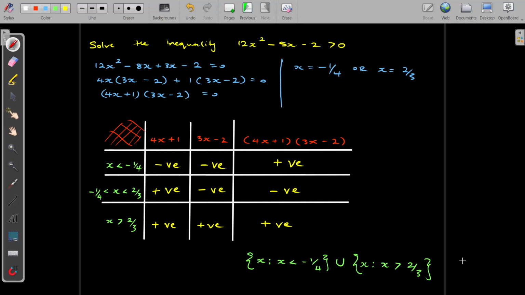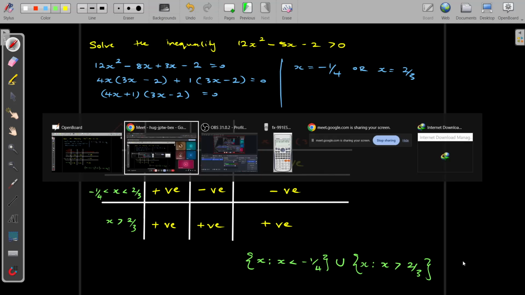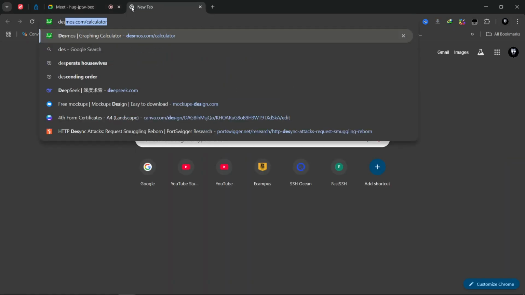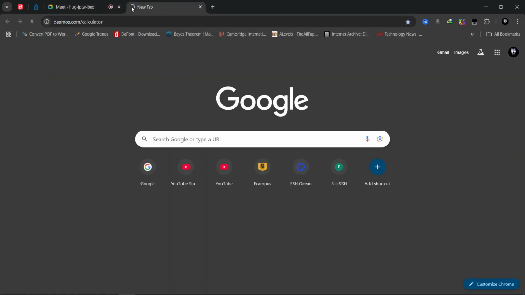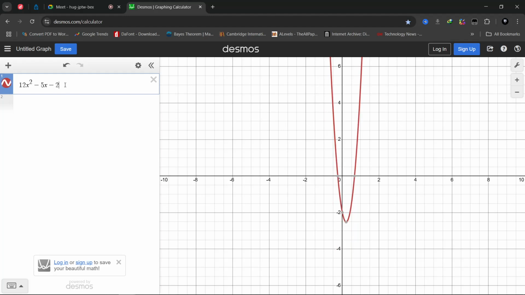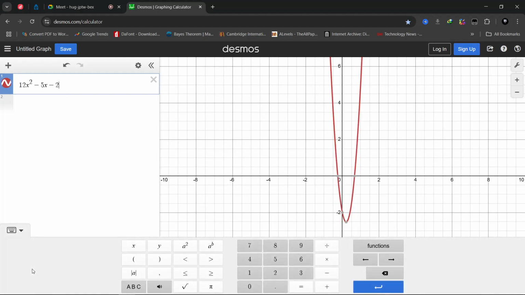And if we were to put this on a graph, I'm just going to do this on Desmos so we can see what it's going to look like. So we have 12x squared minus 5x minus 2. And we're looking at the region where it is greater than 0.